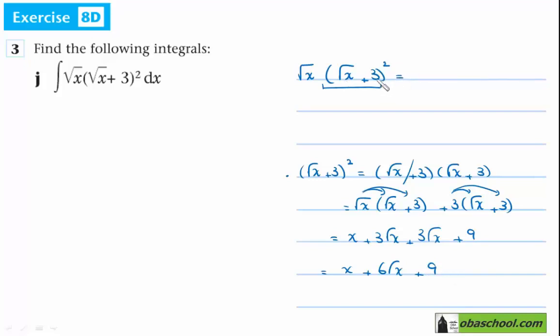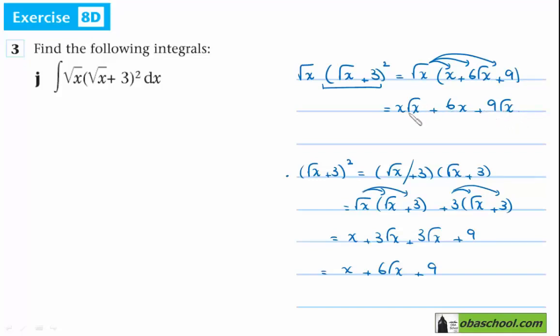So now this can be written as the square root of x multiplied by x plus 6 square root of x plus 9. Now we can proceed with expanding these two terms. The square root of x multiplied by x is x into the square root of x, plus the square root of x multiplied by 6 square root of x is 6x, plus 9 square root of x.